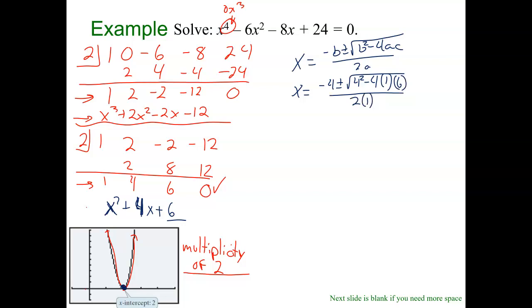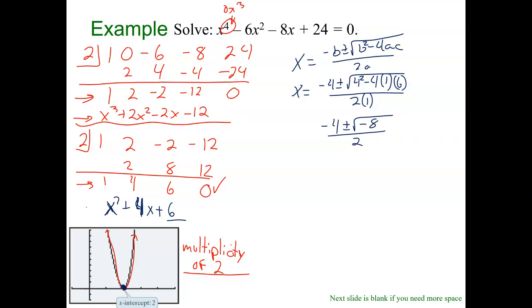Okay, so simplify 4 squared minus 4 times 1 times 6. What's my discriminant end up being? It ends up being negative 8. Okay, so now I need to simplify the square root of negative 8.